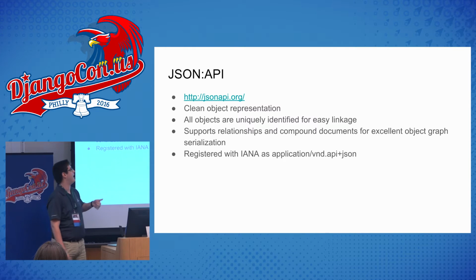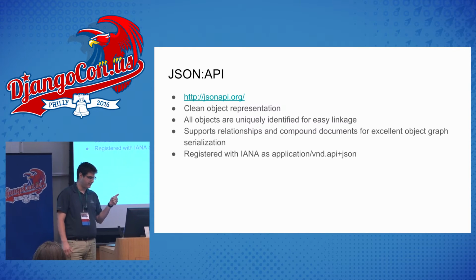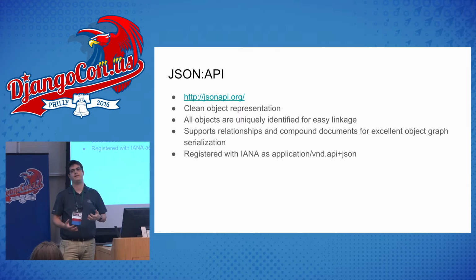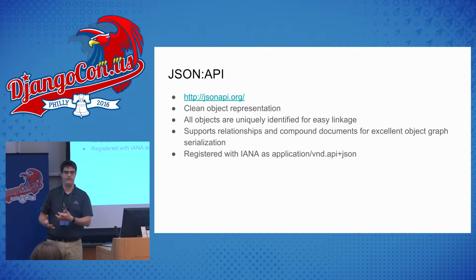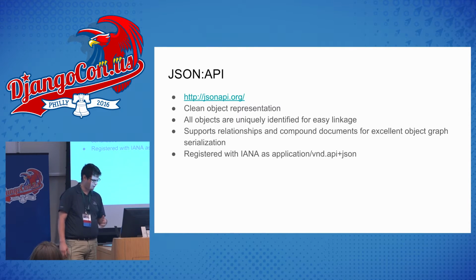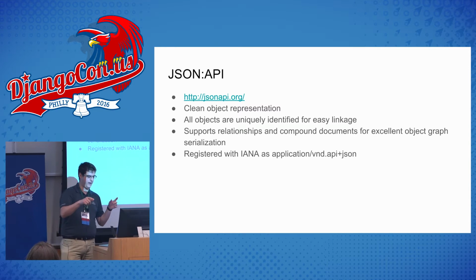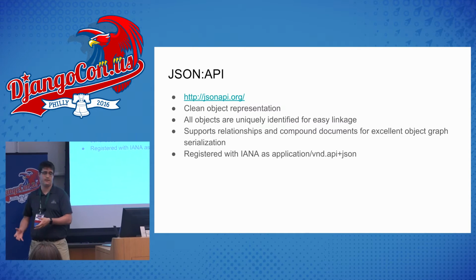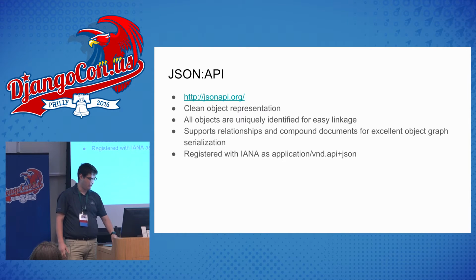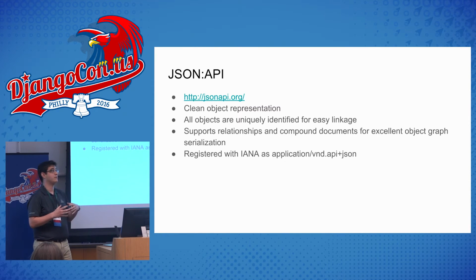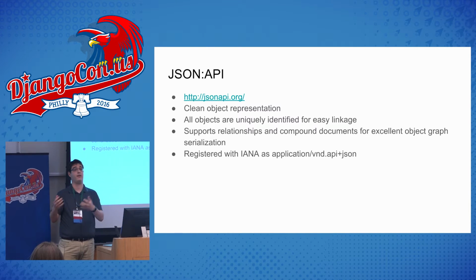The specification is optimized in a way that enables efficient reads, but you can also design it in a way that makes it great for efficient writes as well. For example, let's say you have a blog post, and the blog post is being requested by your front end, and your front end actually needs to display the comments as well.